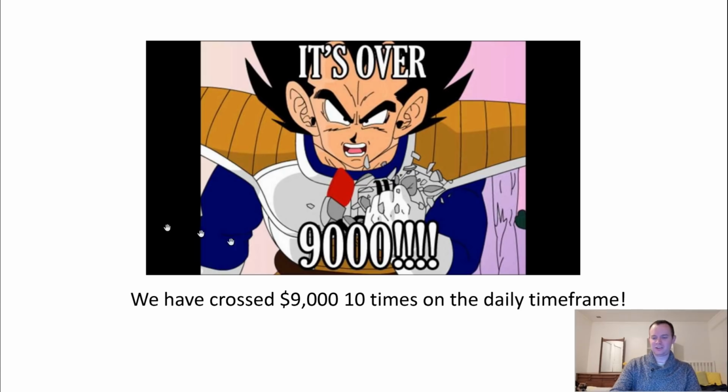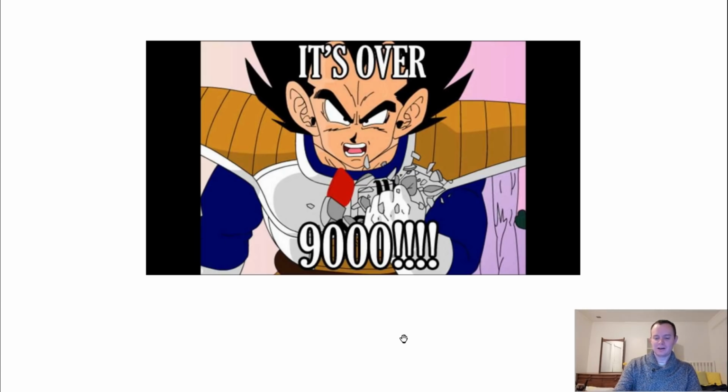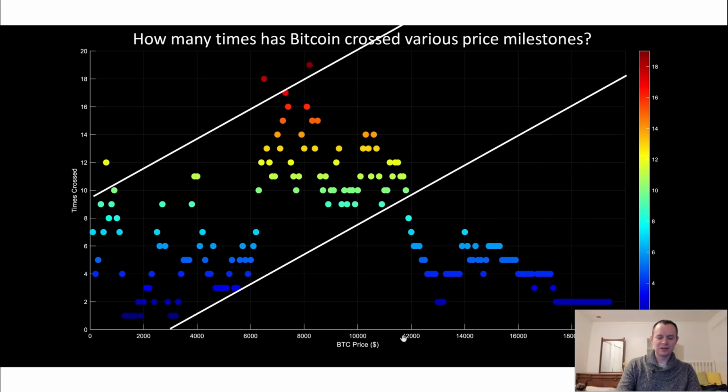I just thought I should go ahead and remake it to show that we've actually crossed it 10 times, and you can actually see it. If you just go over here to around $9,000, you can see we've crossed it 10 times or so. It'd be more in the middle over here, because this is 8 and 10,000. So probably this point right here is showing we've crossed $9,000 10 times.